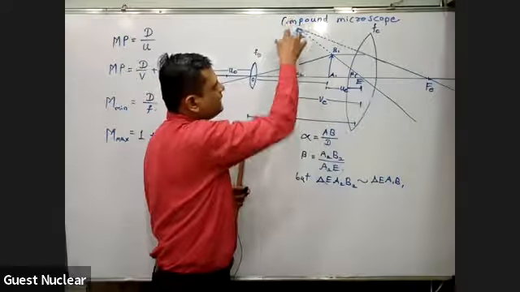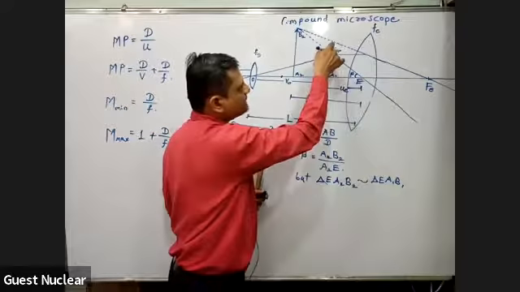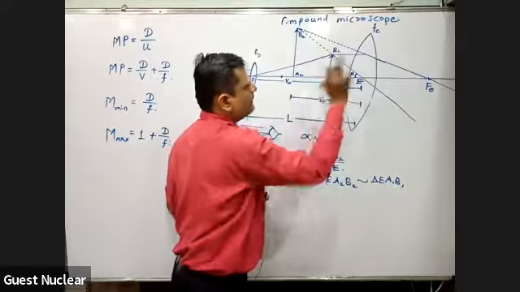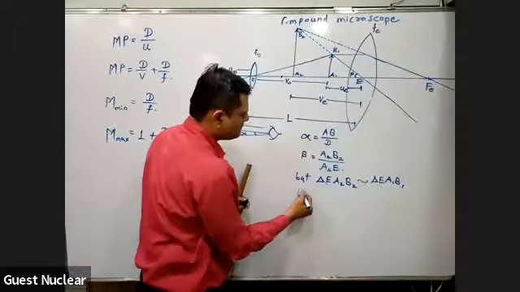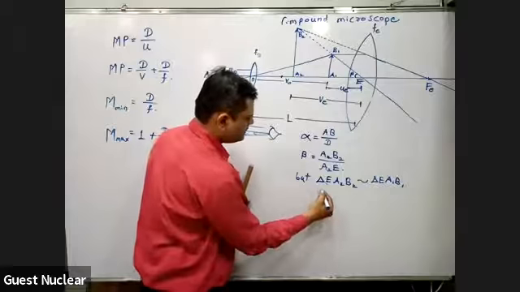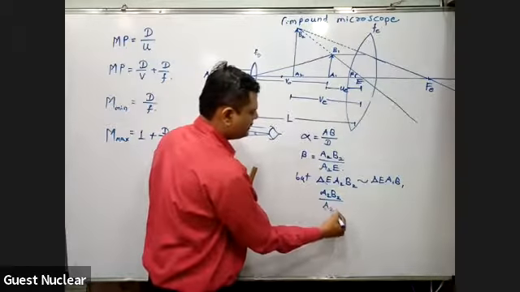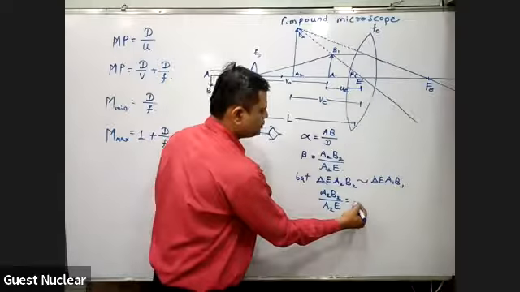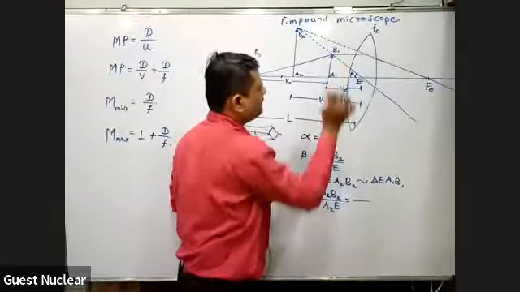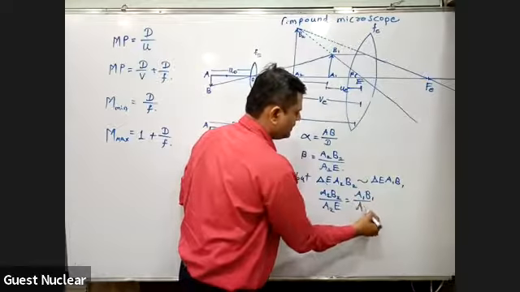So the ratio of A2B2 to A2E is going to be the same as the ratio of A1B1 to A1E, correct? So A2B2 upon A2E is the same as A1B1 upon A1E.